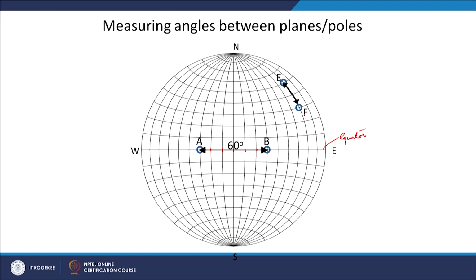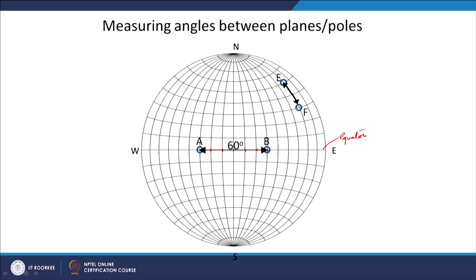There are another two poles, E and F. Again, fortunately they are falling on one great circle here. Any ruling which connects north and south will be a great circle, and for latitudes, only the latitude connecting west and east will be a great circle; the rest of them are small circles. So, I cannot measure the angle on a small circle, only on a great circle.